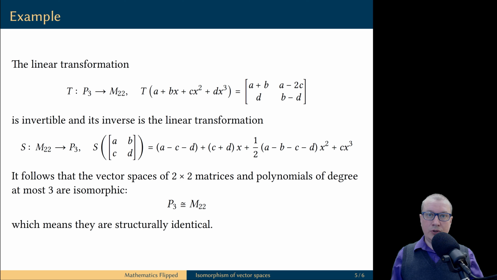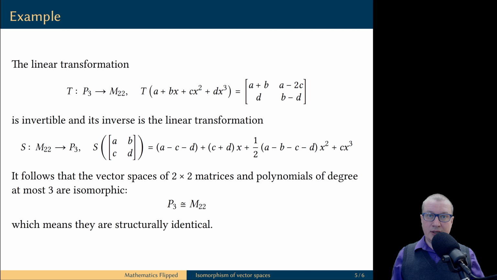Here is an intuitive way of looking at this notion of isomorphism and having identical structure. What does a typical element of the vector space P3 look like? It is a polynomial of degree at most 3, and it is described by 4 coefficients A, B, C, and D. A typical element of the vector space of 2 by 2 matrices is a matrix of size 2 by 2.